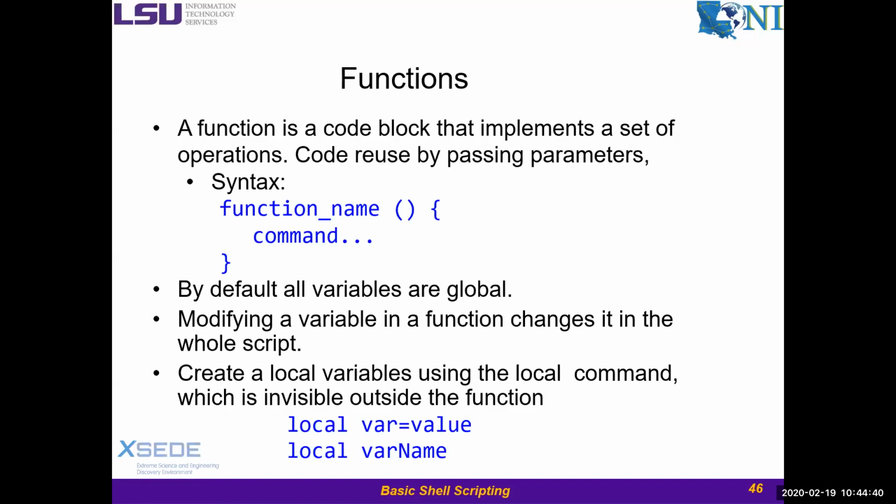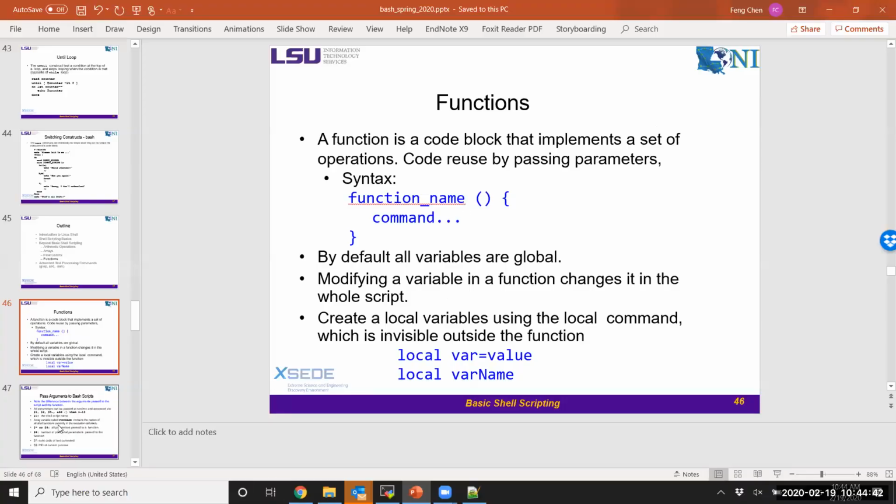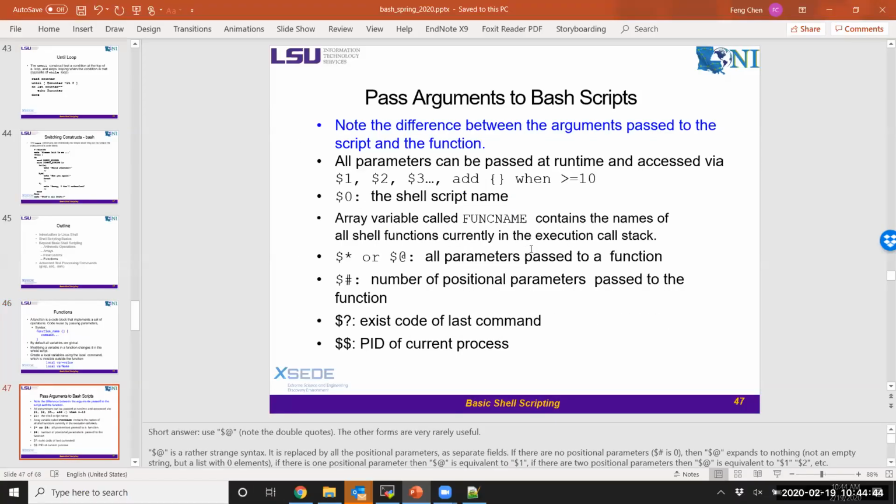If you want to pass arguments, you pass the parameters after the function name when you call it, and you reference those arguments using $1, $2, $3. $0 is the function name.